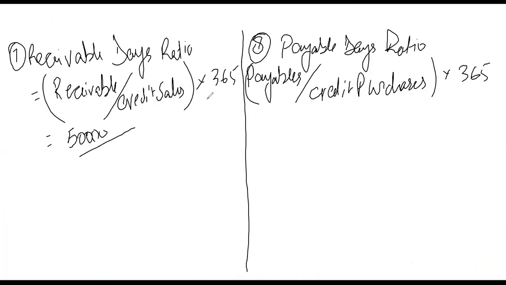It's stated that the credit sales are 50% of the total sales. We have total sales of 3 lakh, so the credit sales are 1,50,000, multiplied by 365. So 50,000 divided by 1,50,000 multiplied by 365 gives 121 days.